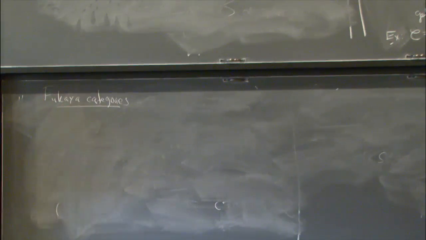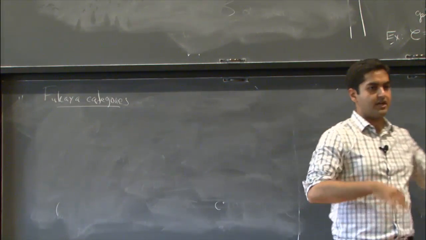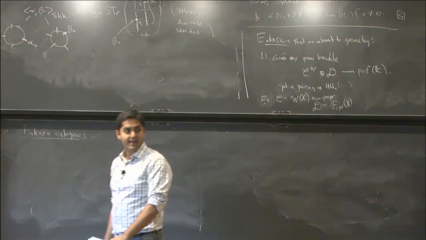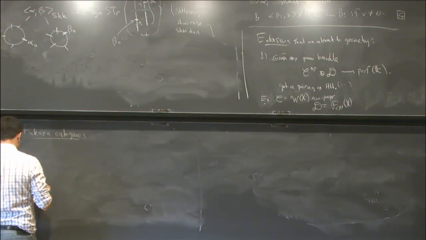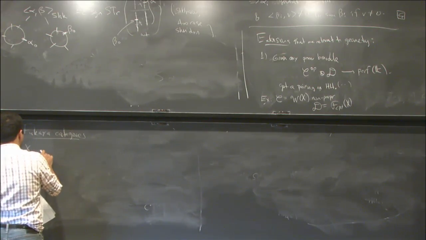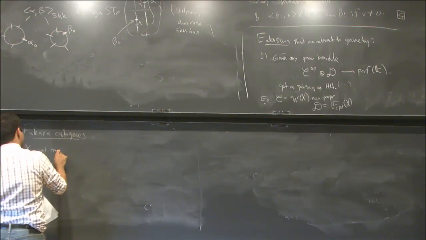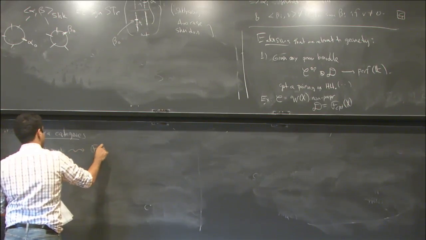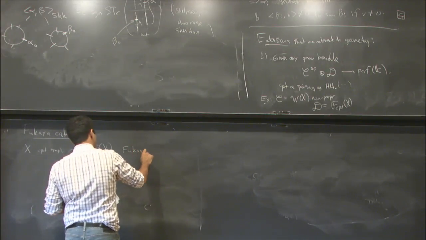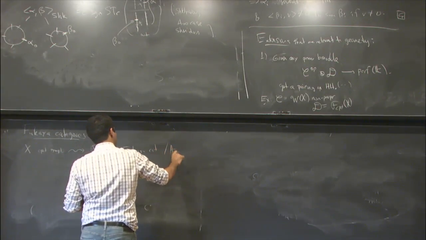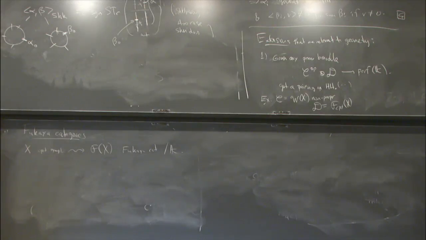I'll be impressionistic, and I won't actually define the Fukaya category or carefully write down any of the operations, but I'll just indicate what's going on formally and how these pairings actually start arising. So we start with maybe a compact symplectic manifold, and I'll assume that we can associate some version of its Fukaya category over some field.